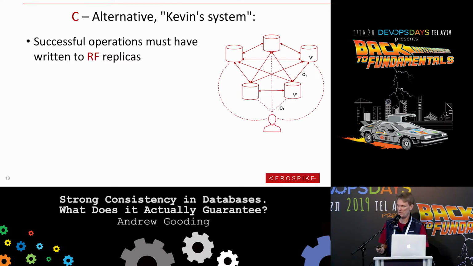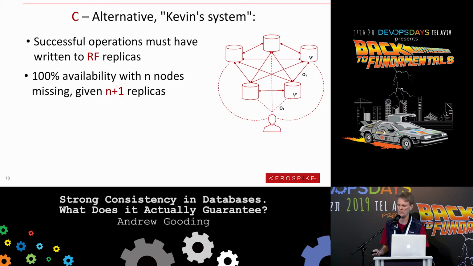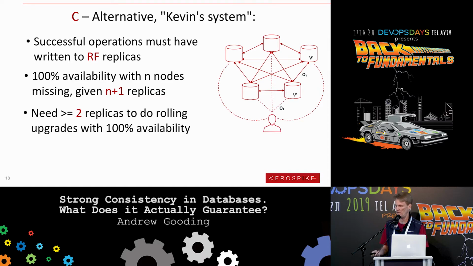In this world, successful operations are defined not as having written to a majority, but having written to your replication factor number of replicas. So in this case, also 2 replicas. But interestingly, you can get 100% availability with n nodes missing with just n+1 replicas, which is a pretty neat trick. And that means that you just need 2 or more replicas to do a rolling upgrade with 100% availability.